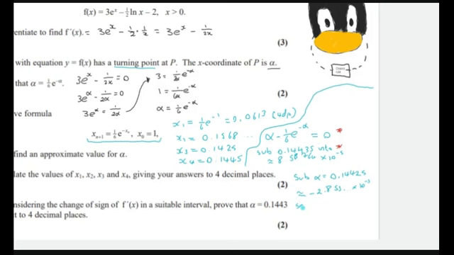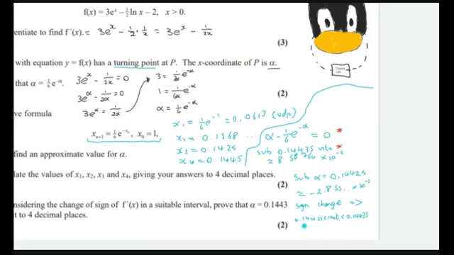So the sign change implies that there is a root in between 0.14425 and 0.14435.